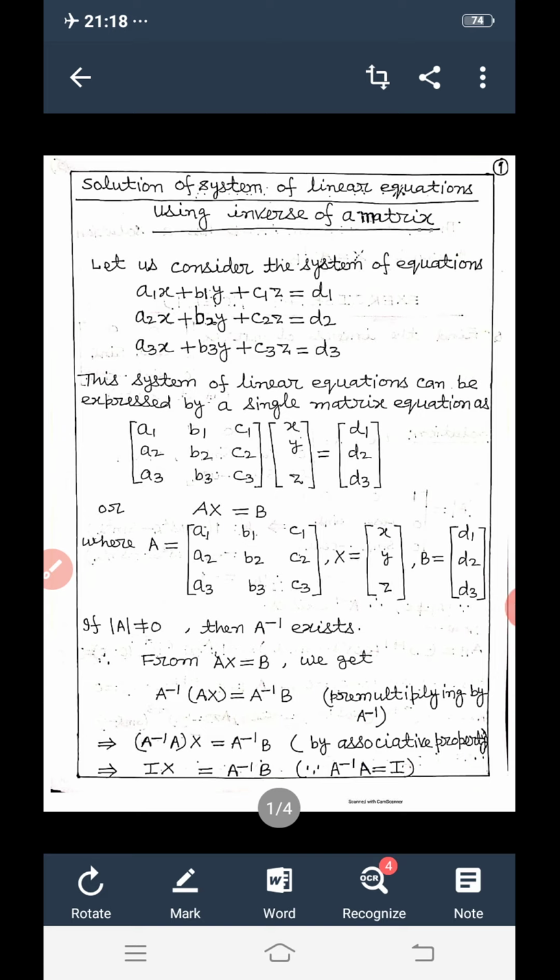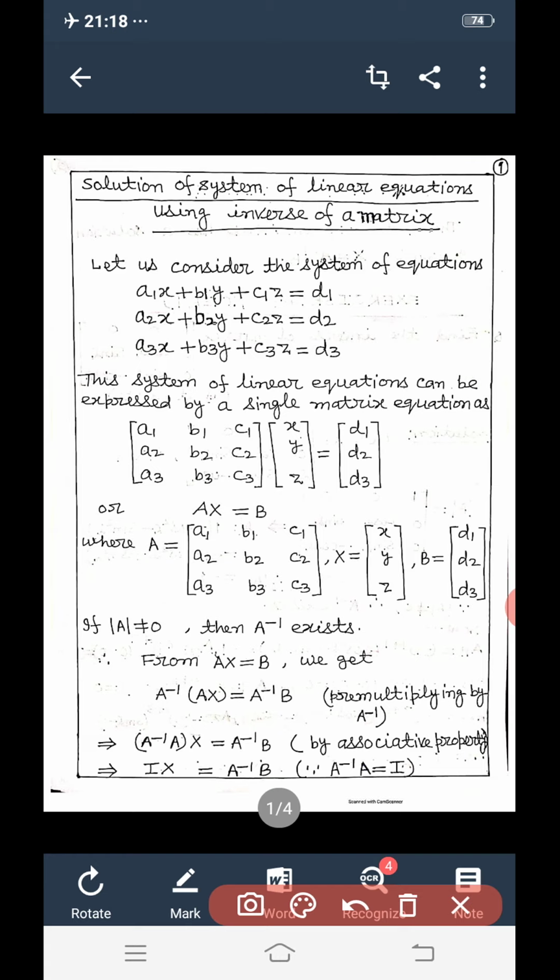Today I am going to discuss the solution of a system of linear equations using the inverse of a matrix. Dear students, in previous classes we have solved a system of simultaneous linear equations by the method of elimination, substitution and cross multiplication.